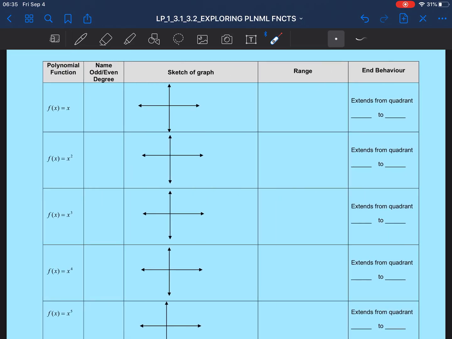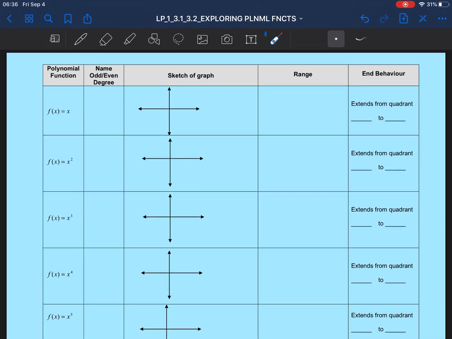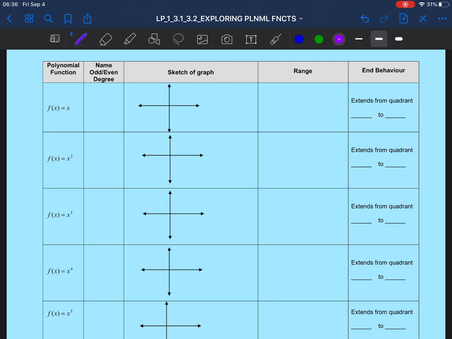Okay, so the next thing we're going to look at is the shape of each polynomial function, and we're going to start from degree 1 and continue up to degree 5. f of x equals x is an odd degree function, and that's because the highest power of x we see here is 1.